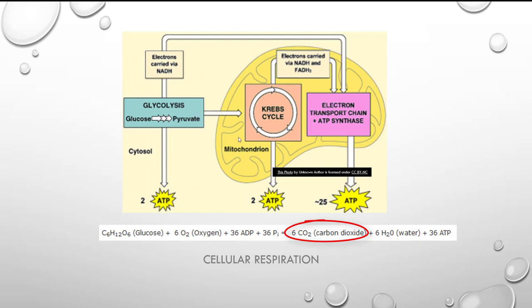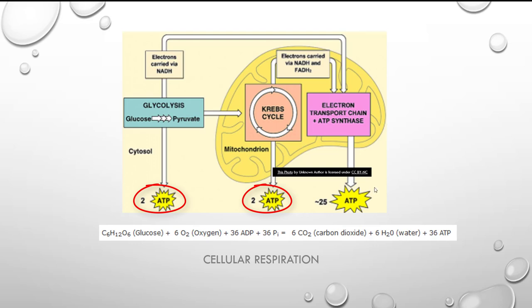During that process, we get some electrons added to our electron carriers, and those electron carriers are going to be carrying electrons to our electron transport chain. We also gain some ATP from that process.